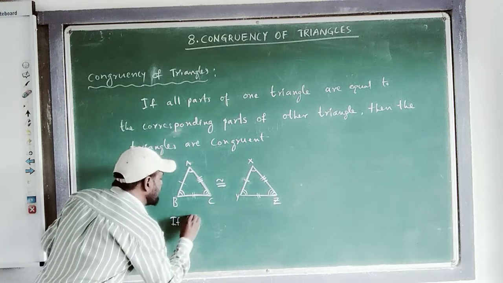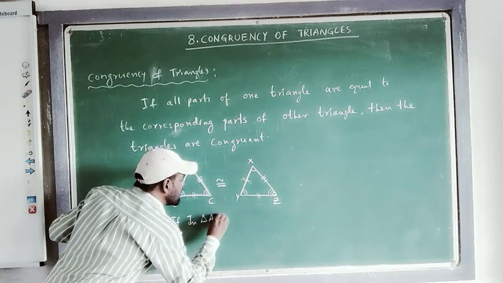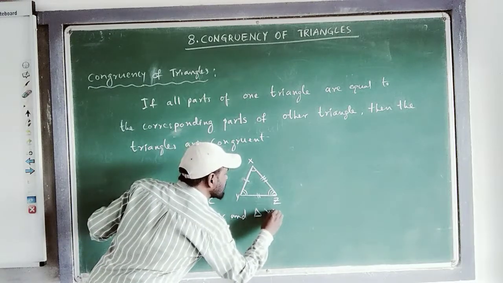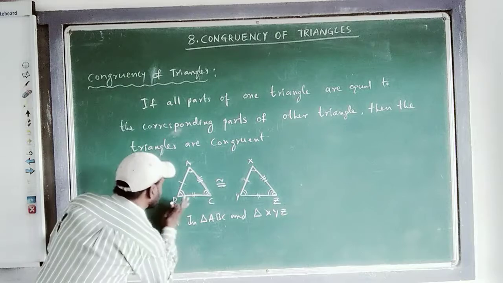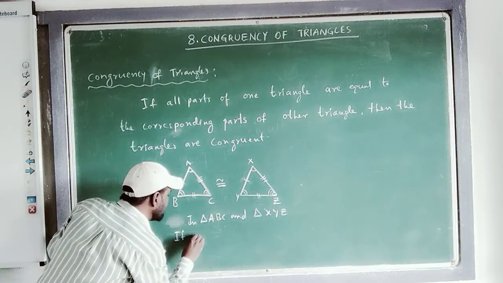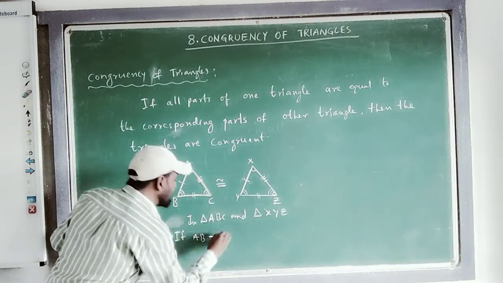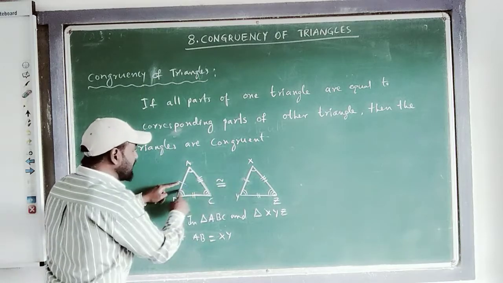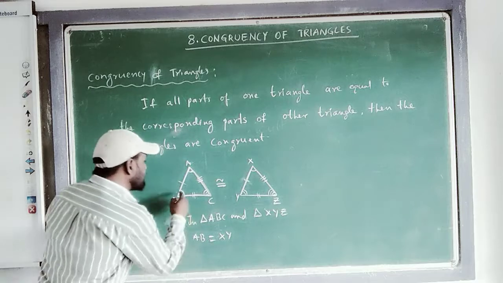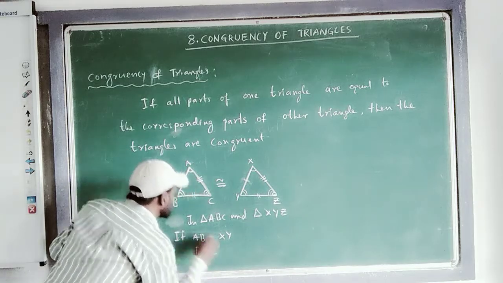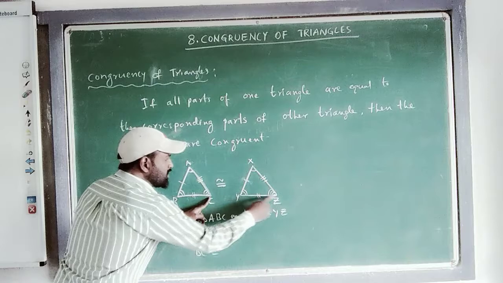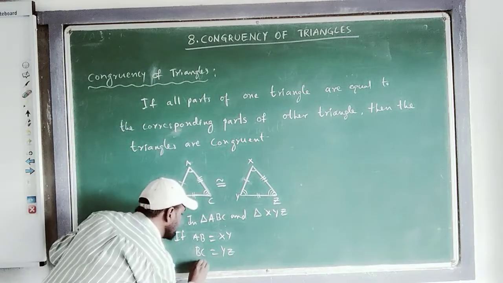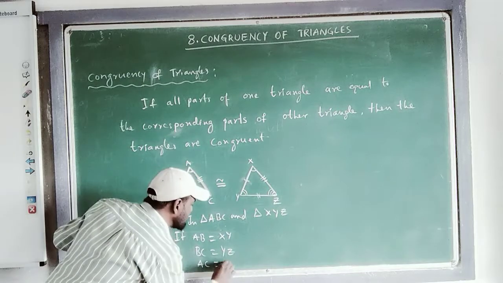If in triangles ABC and XYZ, AB side is equal to XY side, these are the corresponding sides, and next BC side, corresponding to this is YZ, and the other side AC, corresponding side is XZ.